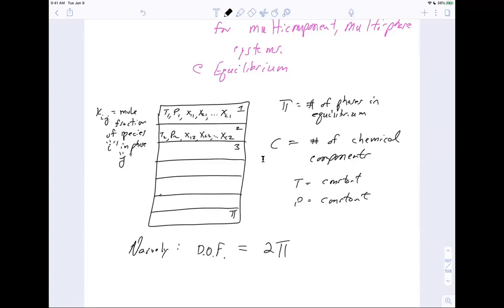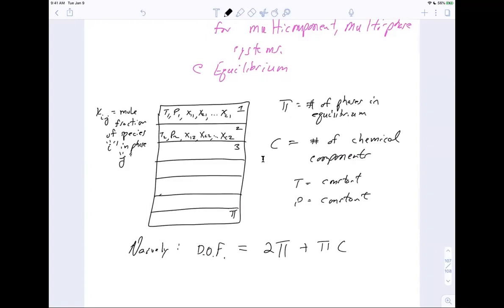The other thing I can specify are the compositions. As I've just said, the mole fractions for each of the species in each of the phases, naively. So I have pi phases and I have C species or C chemical components. So that would mean that I could specify pi times C mole fractions. Those are the mole fractions overall for the pi phases with C mole fractions in each phase.